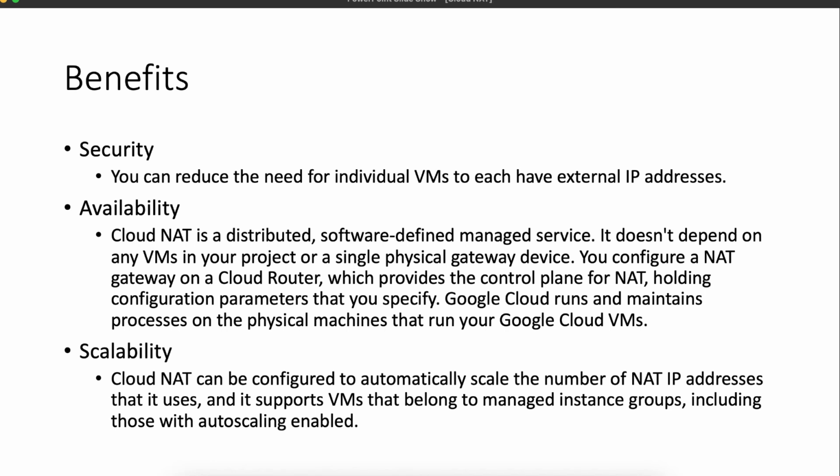You do not have to specify the scaling parameters or anything. If you have thousands of virtual machines trying to download updates from the internet, Cloud NAT will automatically scale for you. You don't have to worry about that. So these are the benefits of using Cloud NAT over creating your own virtual machine and making it work as a NAT instance. So this is why you want to use Cloud NAT.